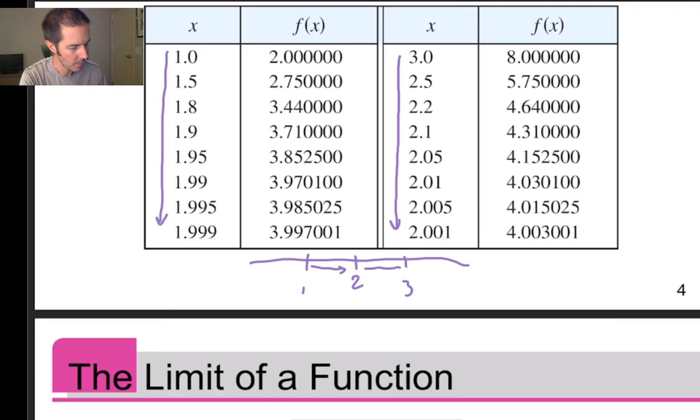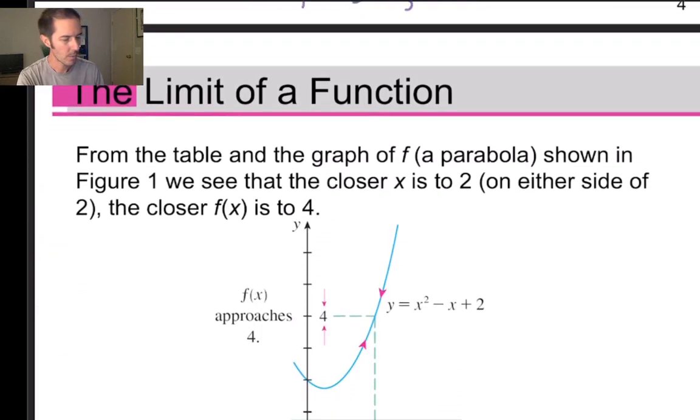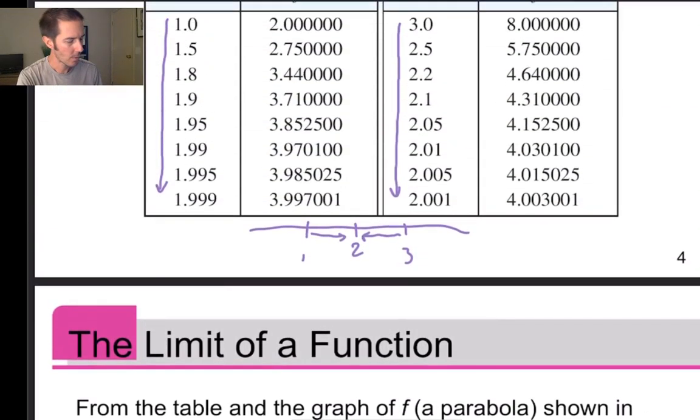And in the third column, our x values are decreasing, starting at 3 and working their way toward an x value of 2, but we're coming at that x value of 2 from the right. We're going to be doing that multiple times in this lesson, and you're going to be doing it more than multiple times in your homework.